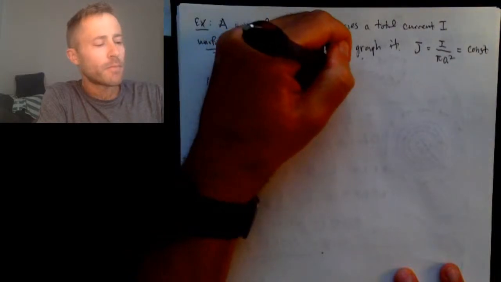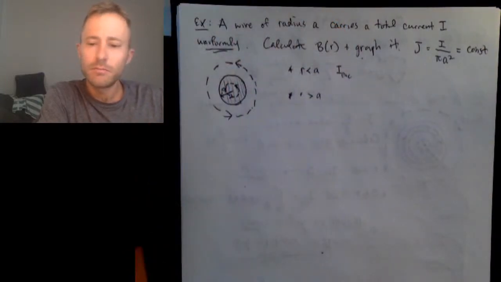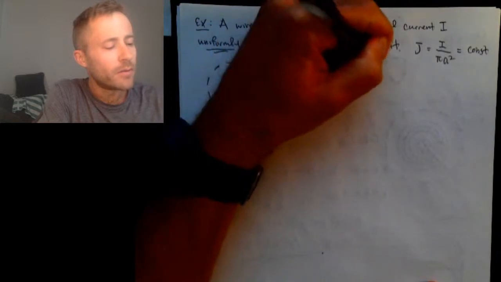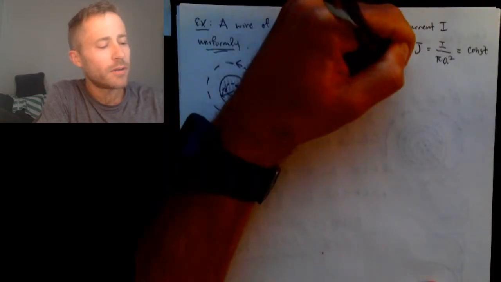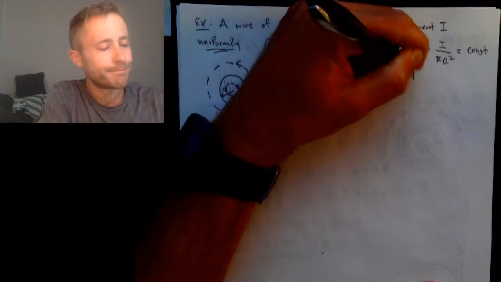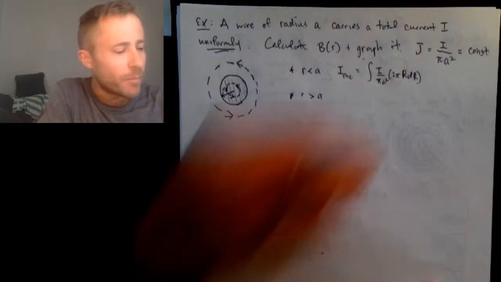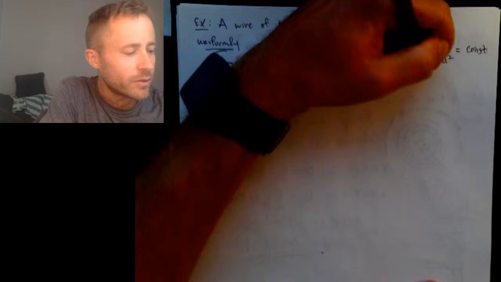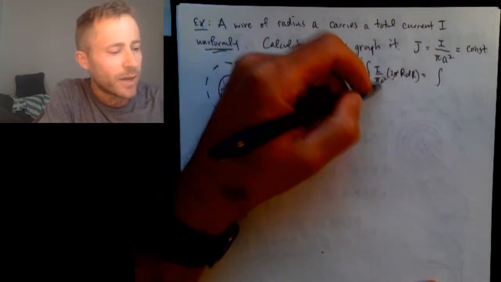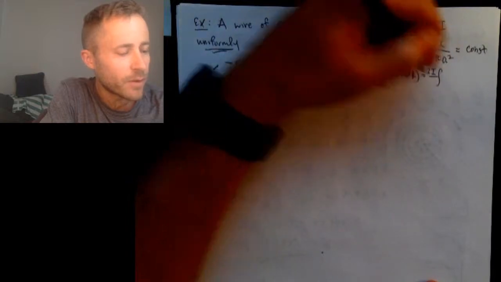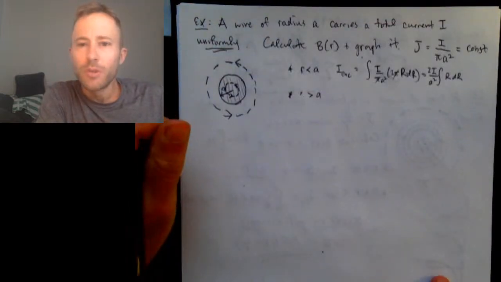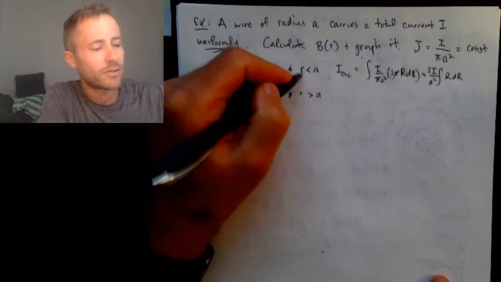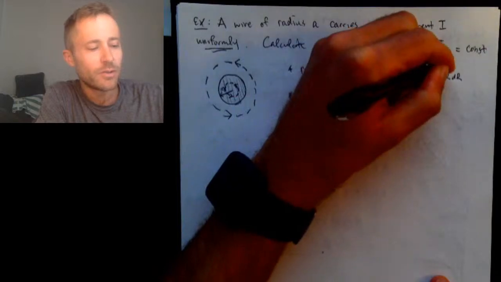So the current enclosed is going to be the integral of J, which is a constant, times 2 pi r squared r dr. Okay, the pi's cancel out, and I'm going to factor out all the constants, so I get 2I over a squared times big R dr. So in the case of R being less than A, our integral is going to go from 0 to little r.